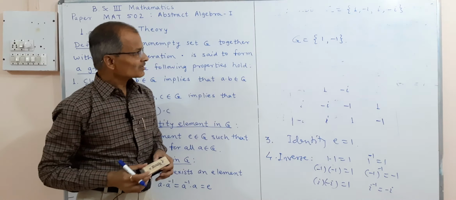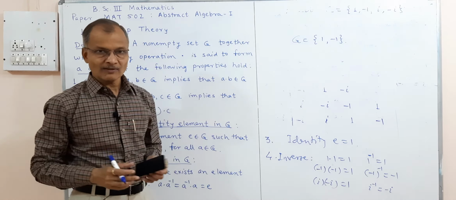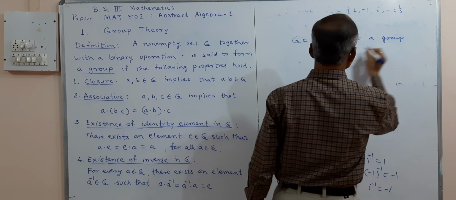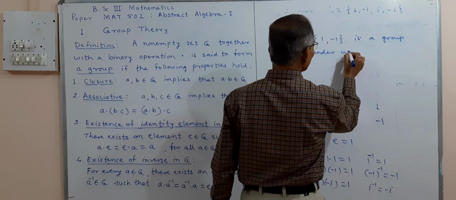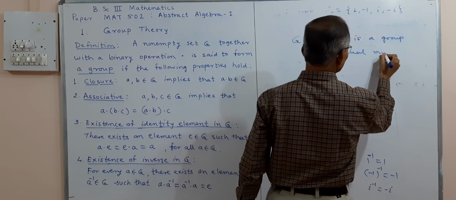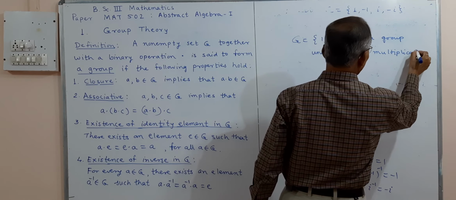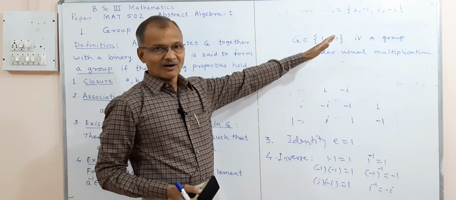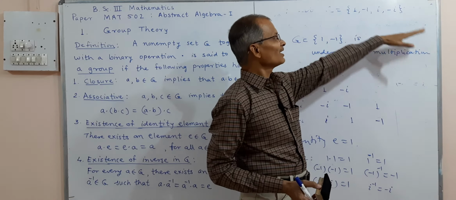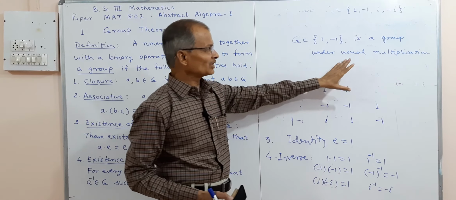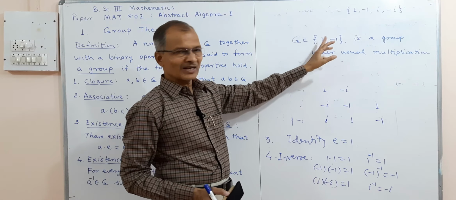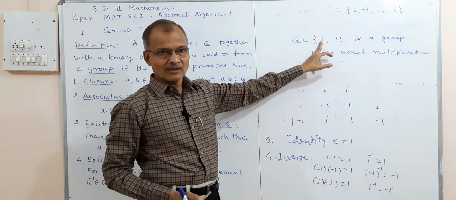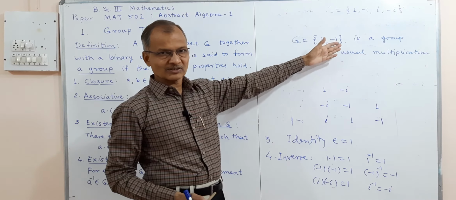Then this also forms a group under usual multiplication of real numbers. It is very simple to verify. You should verify this. The operation is the same. The product of 1 and minus 1 is minus 1, which belongs to G, and 1 and 1 is 1, which belongs to G. Closure property is satisfied.